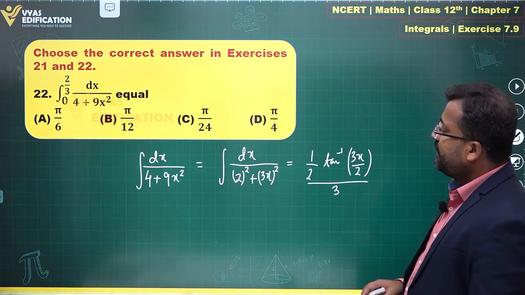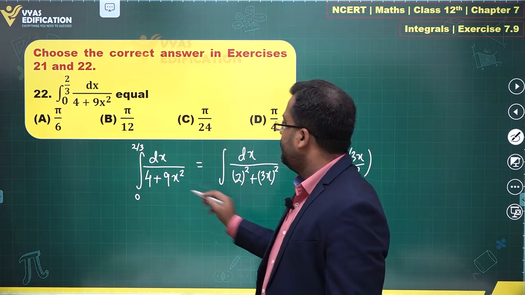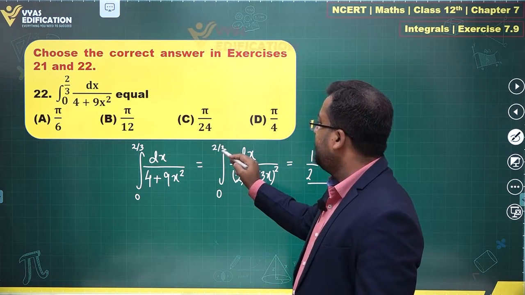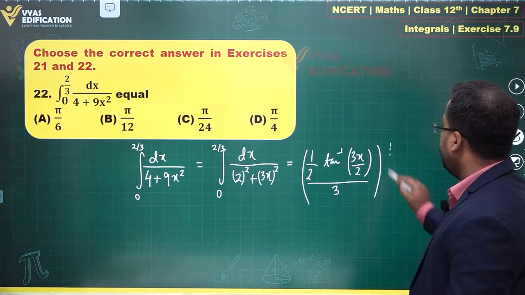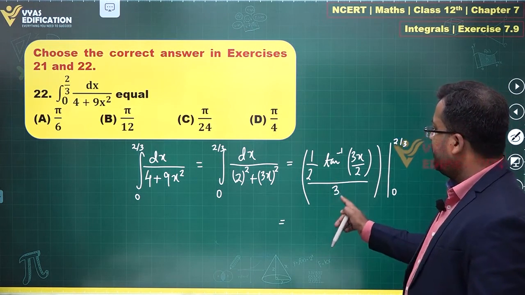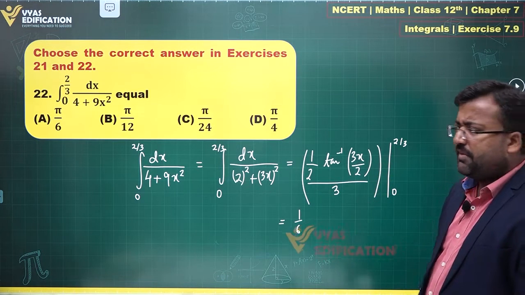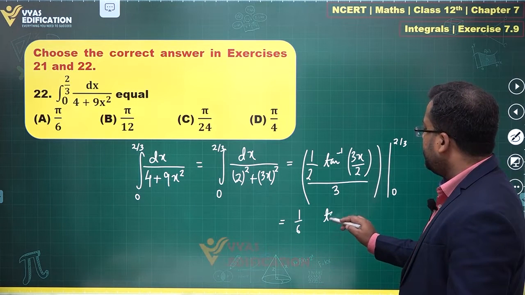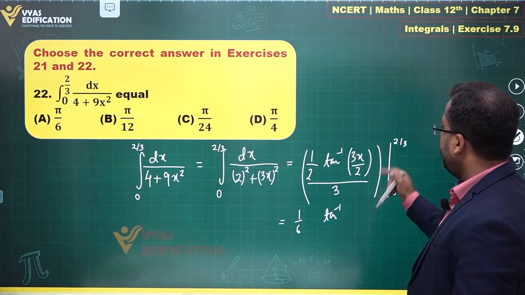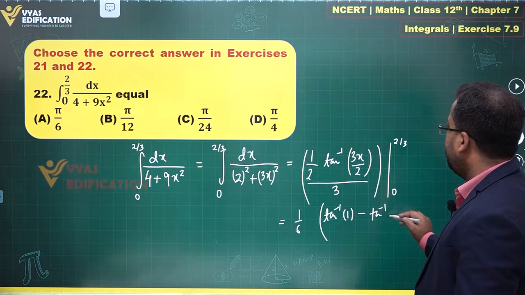Divide by this, and the limits from 0 to 2 by 3 will be applied over here. What is this expression, by the way? This is 1 by 2 by 3, which is 1 by 6, which will come out from the bracket, you can say. And this becomes tan inverse 3 by 2 into 2 by 3, which is 1, minus tan inverse 0.